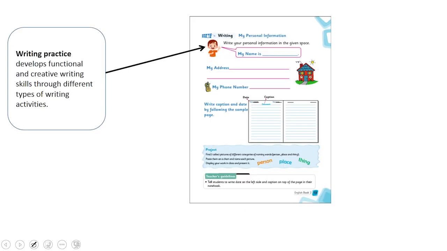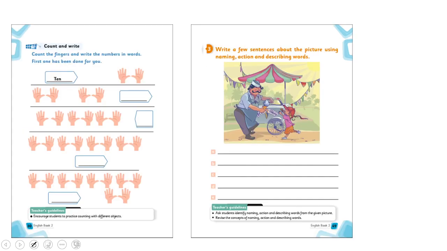Writing practice. Writing practice develops functional and creative writing skills through different types of writing activities. First, start from the easiest one, writing your personal information. Then you have to count and write the fingers, the easy one, and the difficult ones start from there.